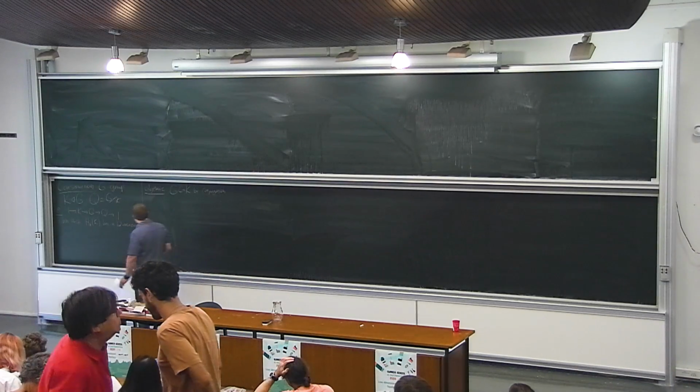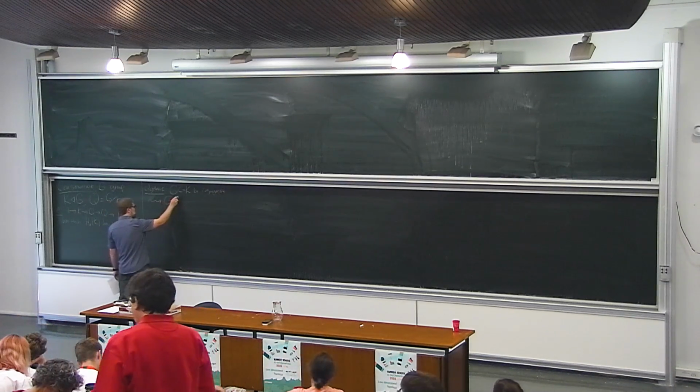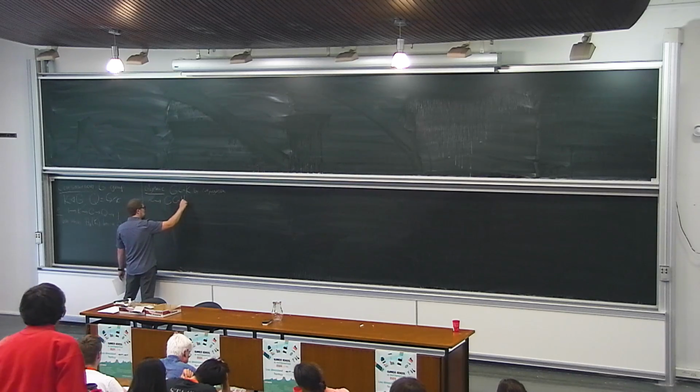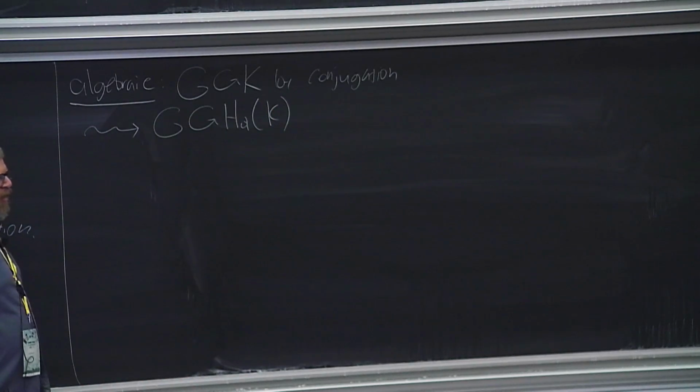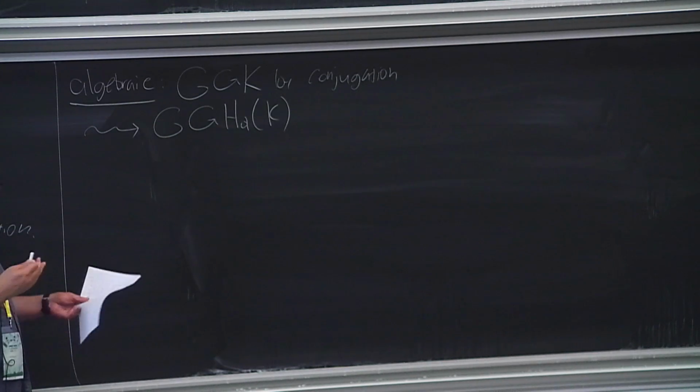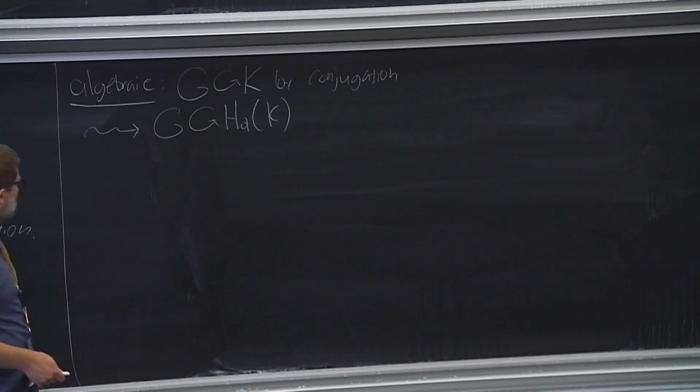And homology is a functor, so this gives us an action of G on the homology groups of K. But a group always acts by conjugation on itself, and that induces the trivial action on homology.